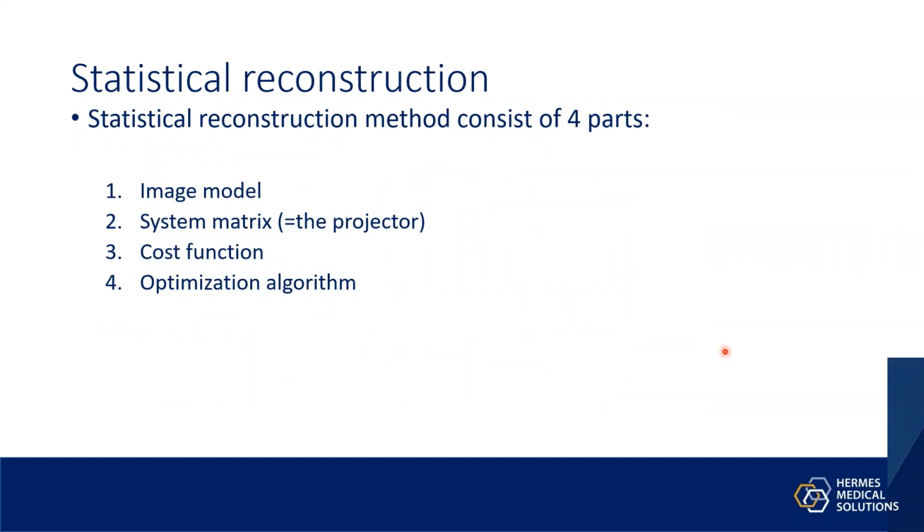But if we take a look at the statistical reconstruction methods, we can say that the algorithms usually consist of 4 different parts. We have the image model, then we have the system matrix, or we can call it the projector, and then we have the cost function, followed by the optimization algorithm.